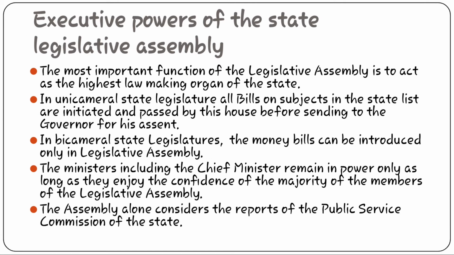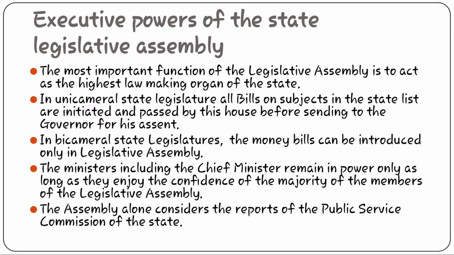Next topic, executive powers of the state legislative assembly. What are the executive powers of the state legislative assembly? The most important function of the legislative assembly is to act as the highest law-making organ of the state.